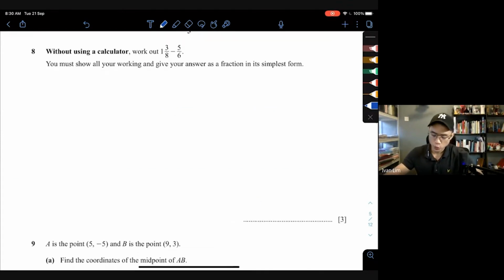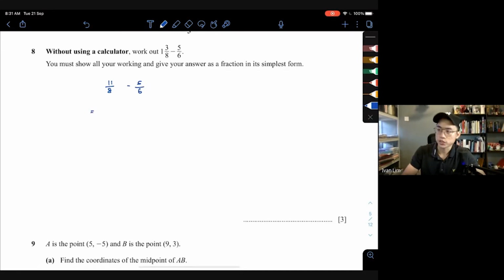Question 8. Without using a calculator, work out 1 and 3/8 minus 5/6. You must show your answer as a fraction in its simplest form. First step, change it to an improper fraction. So 11/8 minus 5/6.